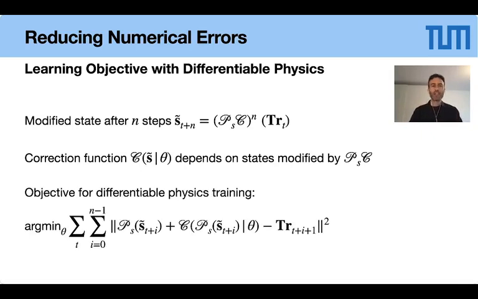We can also write out the full loss function here for basically n look-ahead steps. The important bit is down there in the middle, the corrector, the neural network C, now depends on the simulated trajectories with the S tilde states.